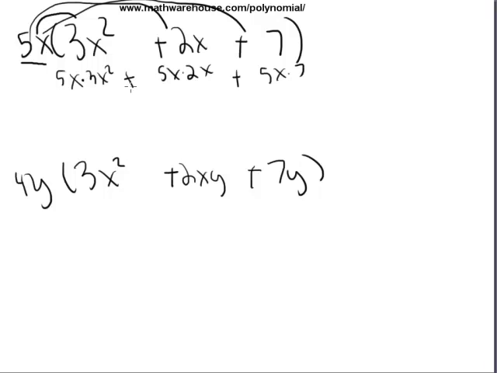Right? And do you remember step 2? Hopefully you recall that is to simplify. 5x times 3x squared is 15x cubed, plus 5x times 2x is 10x squared, plus 35x.